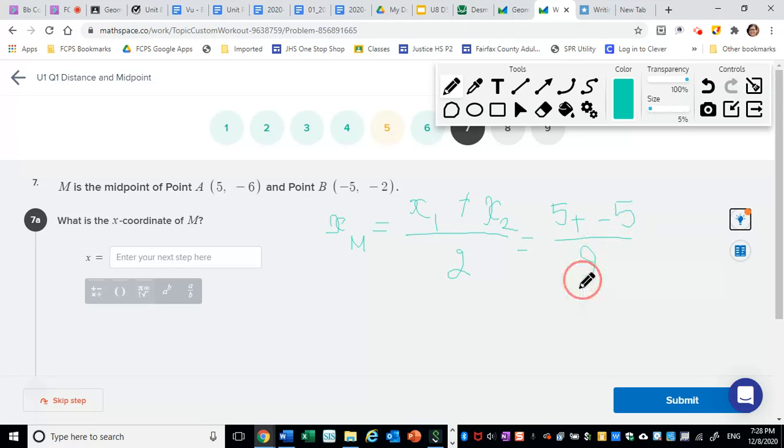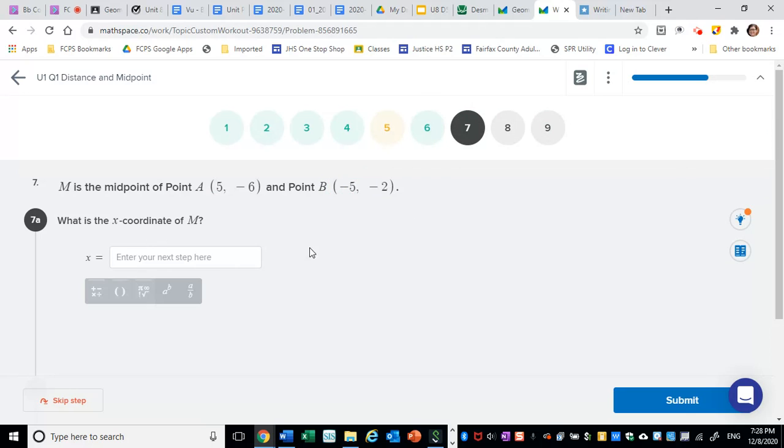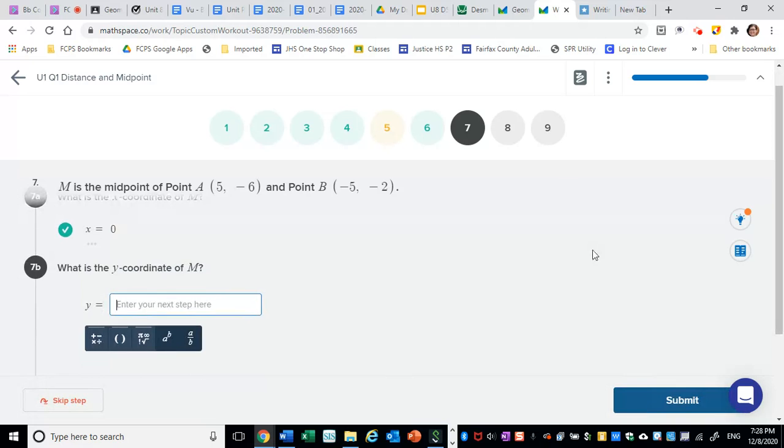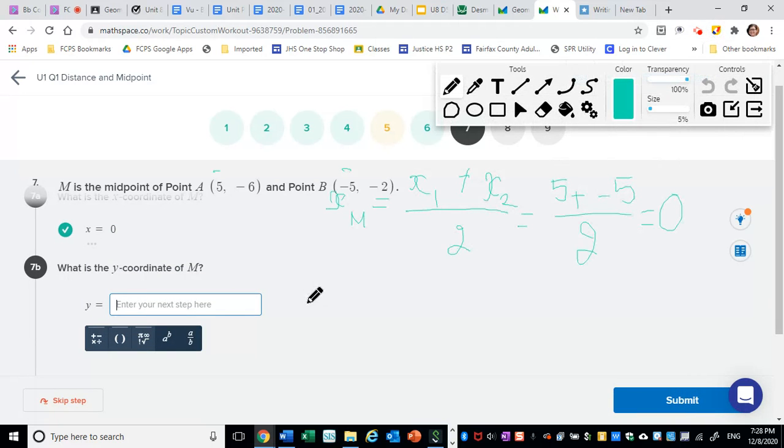Okay, and 5 plus -5 is 0. 0 divided by 2 is 0, right? So the x coordinate of the midpoint is 0, and that's the first one. And then now we find the y coordinate of M, right?